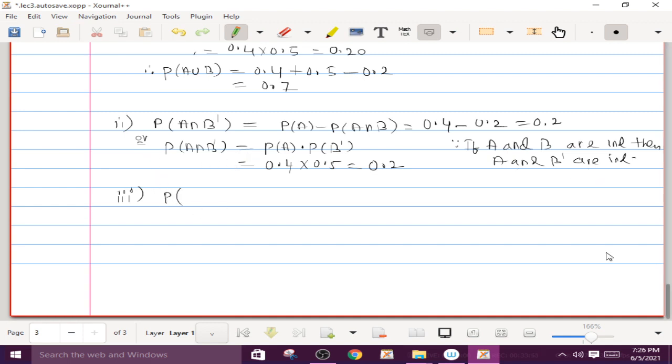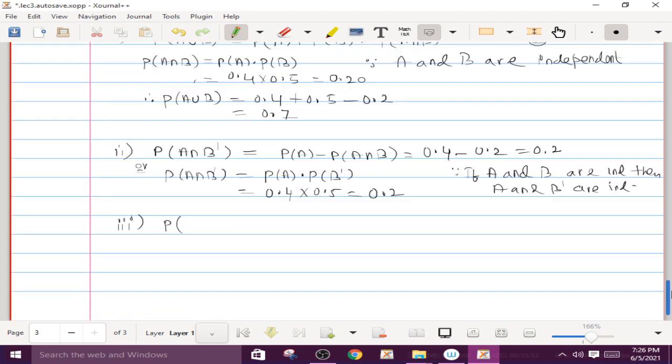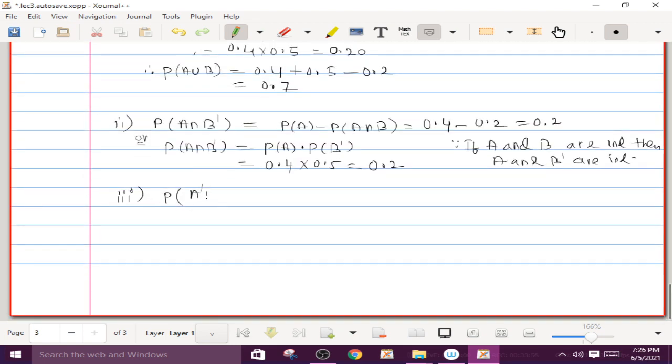Next one, probability of A complement intersection B. A complement intersection B is equal to probability of A complement multiplied by probability of B, by the same result: if A and B are independent, then A complement and B are also independent.